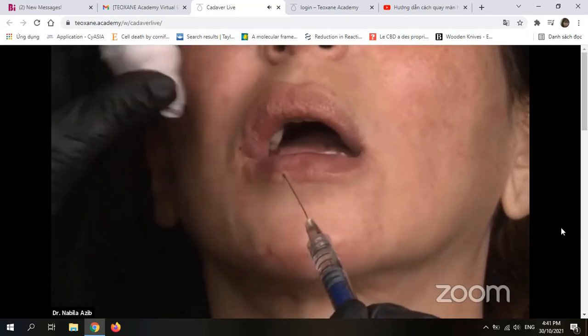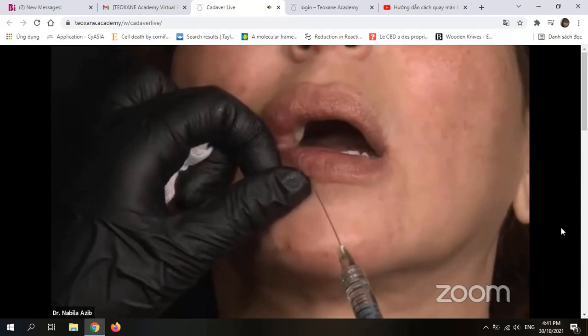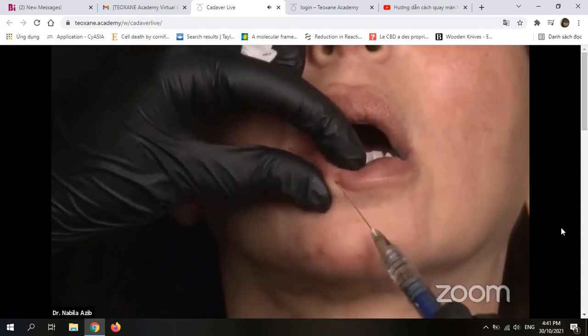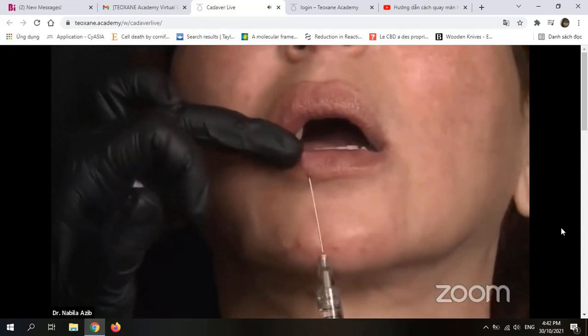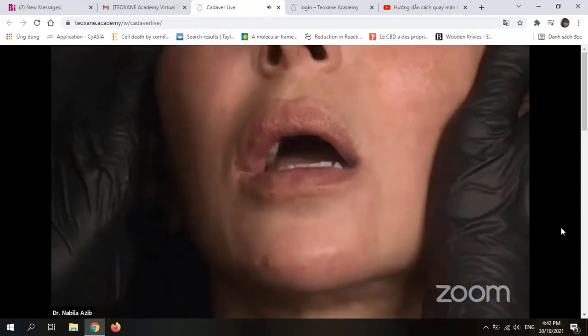But we still have patients in our area asking for Russian lips or big visible lips. So you see here again, I'm only on the red lip, and superficial.